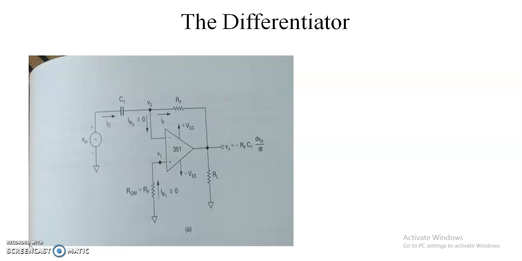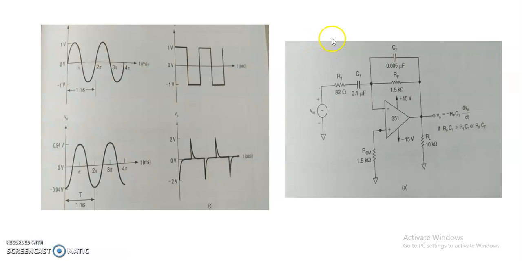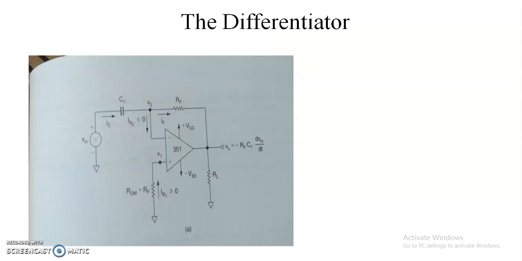By using Kirchhoff's current law at the node V2, we can write the current IC equal to IB2 plus IF.